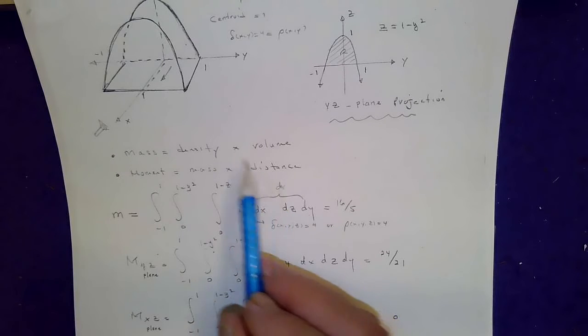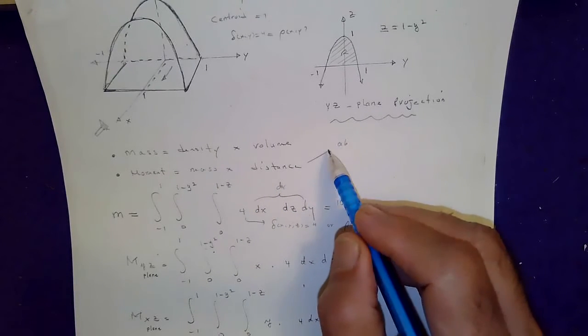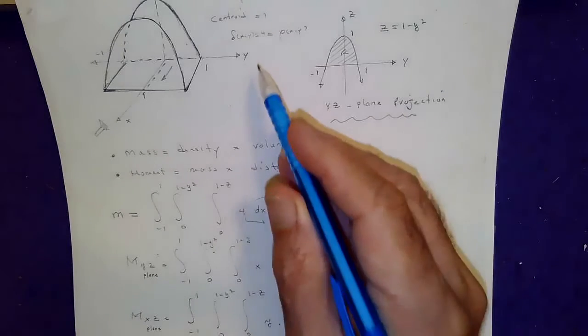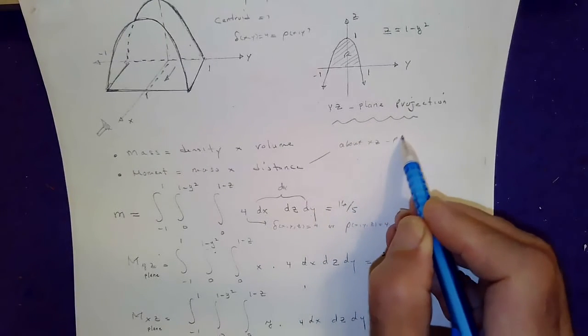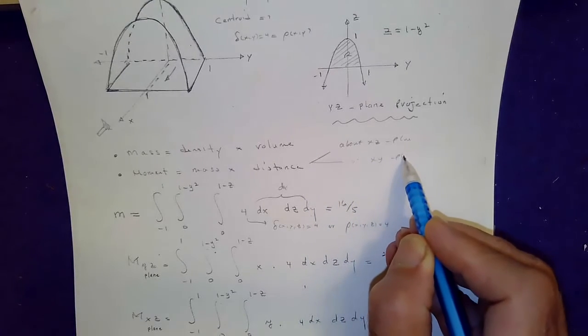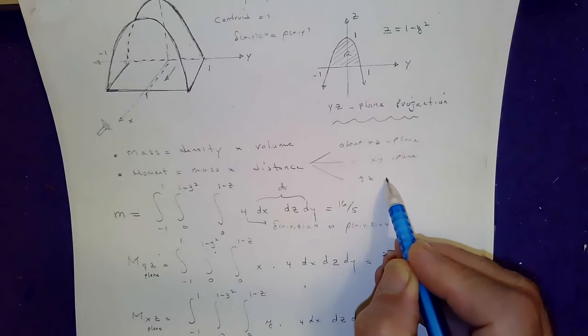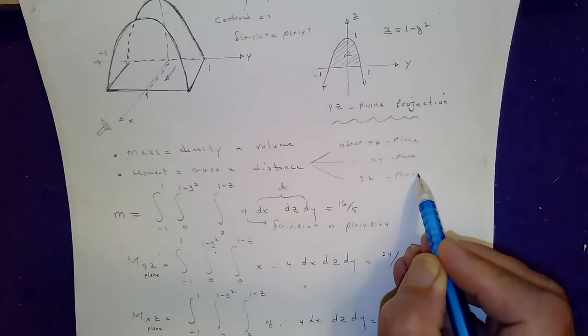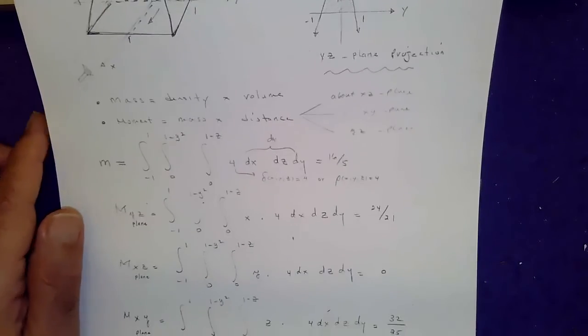But when you're talking about solids, this distance could be from the center of mass, in this case the centroid, about the xy plane, the xz plane, or the yz plane. So it's not about axes, it's about those three planes in the three-dimensional coordinate system.